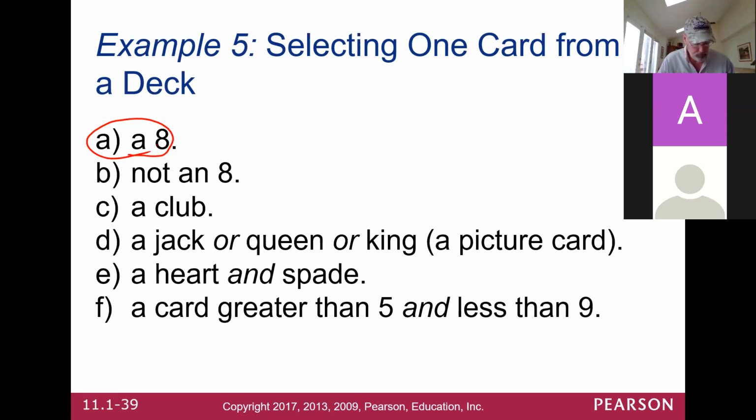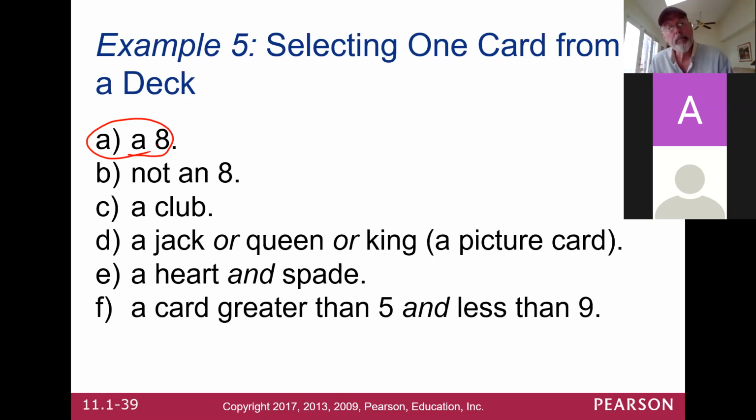I got 0.23. Okay, how are you doing that, Leslie? Because they have 4 jacks, 4 queens, and 4 kings. I added all of them together, which was 12 divided by 52.